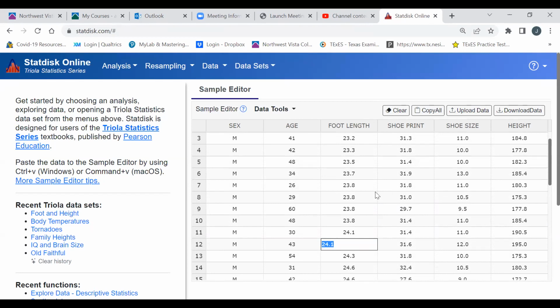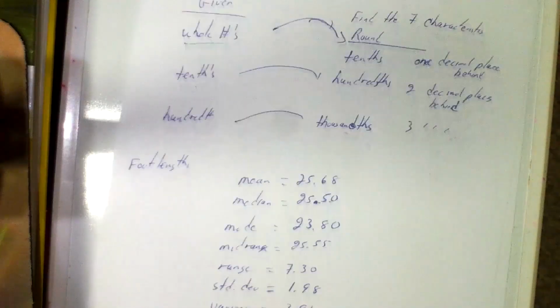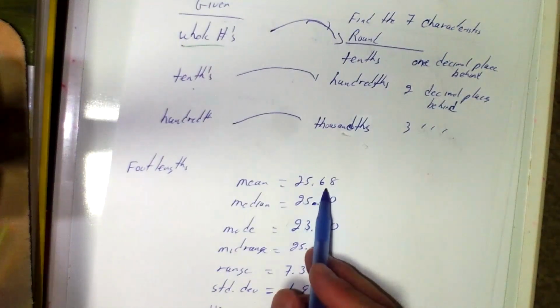Right. So notice that my data are given in tenths. My answers have to have 1 decimal place more, which means they have to have 2 decimal places. Right? So there they are. They all have 2 values behind the decimal.